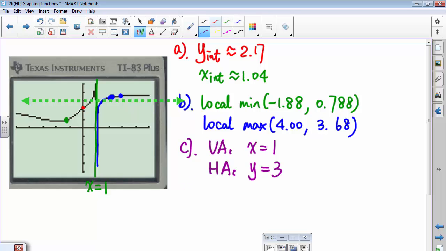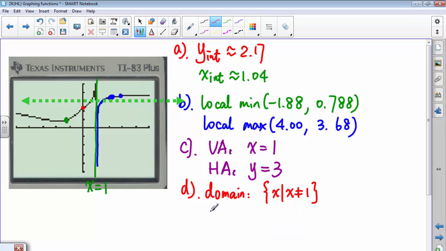Then D, we need to look for the domain. With the vertical asymptote, the domain will be very clear. So the domain will be, x can be all real numbers, except 1. X cannot be 1.